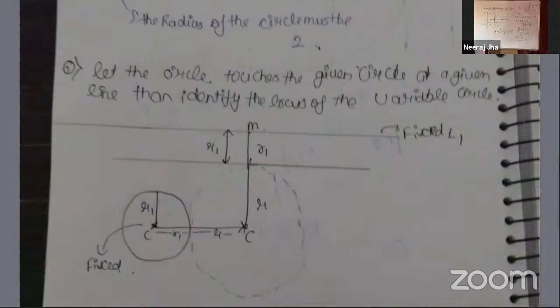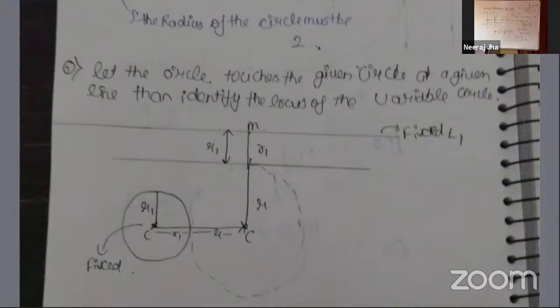Right? Then identify the locus of the center of the variable circle, which is touching the line and the circle. You have to identify the locus of the center of the circle.